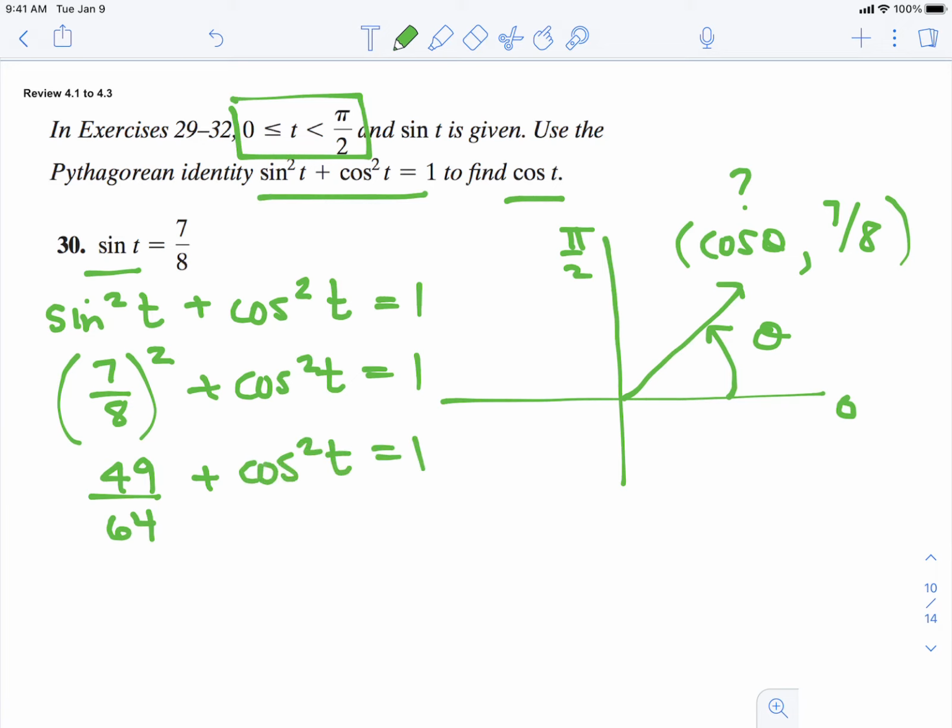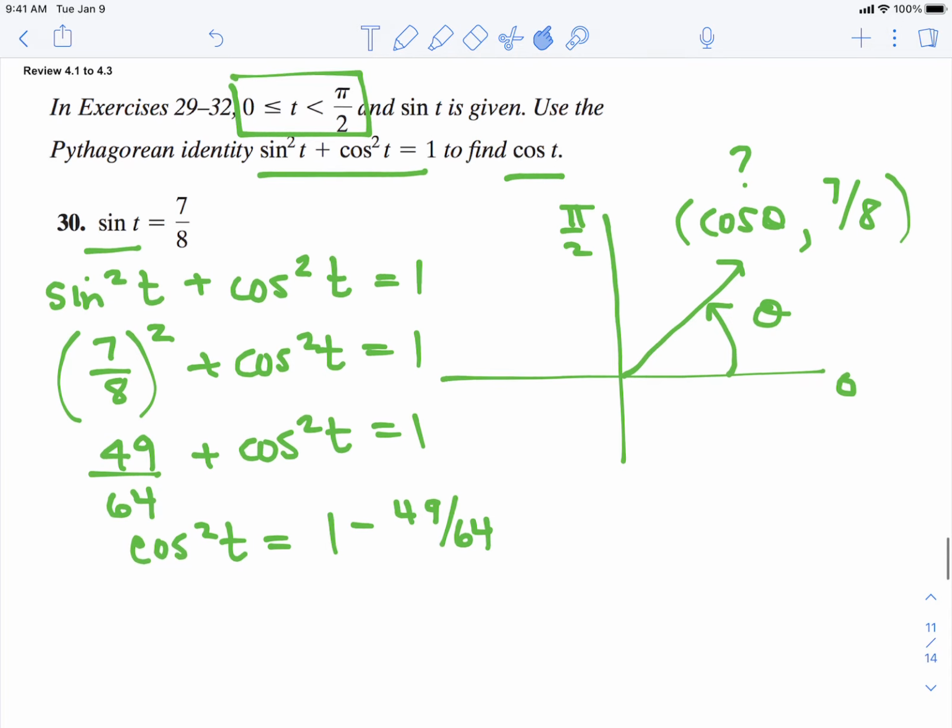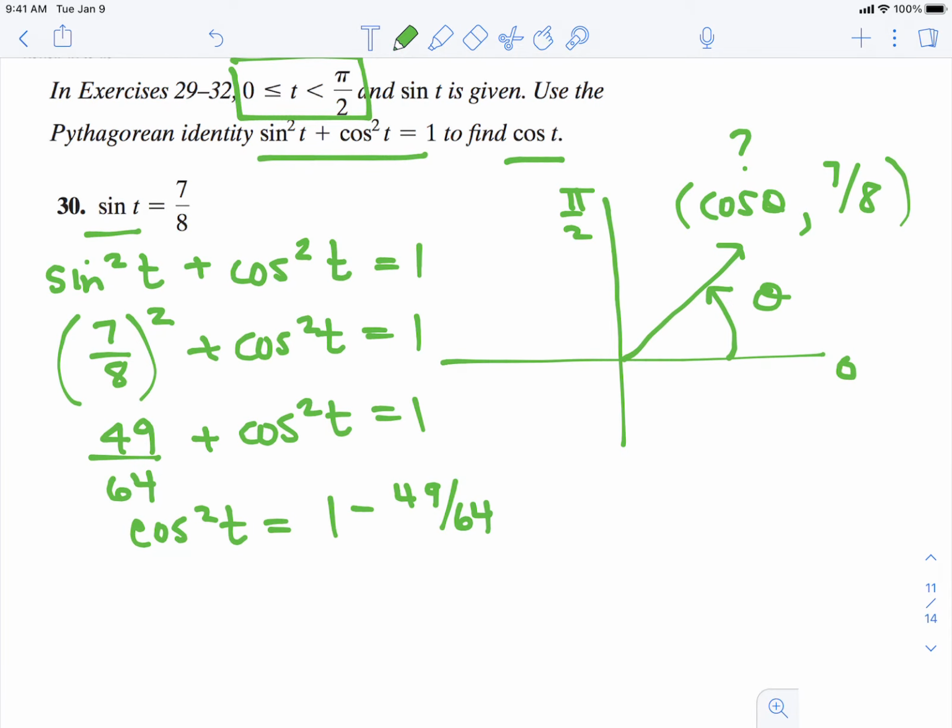Now we're going to move that 49/64 to the right side, so we're going to subtract. And then we need to simplify that right side. Well, those fractions are not alike. So we're going to change that 1 to 64 divided by 64. So now 64 minus 49 is 25.